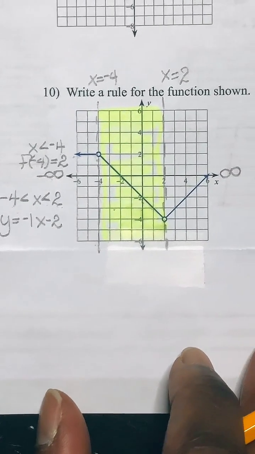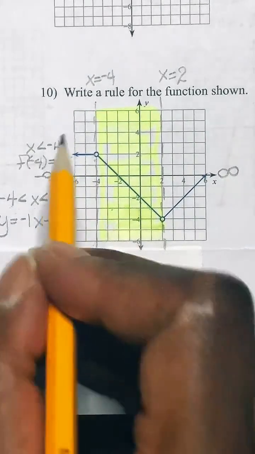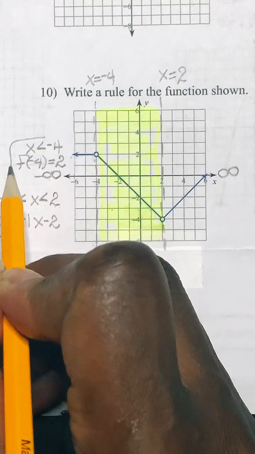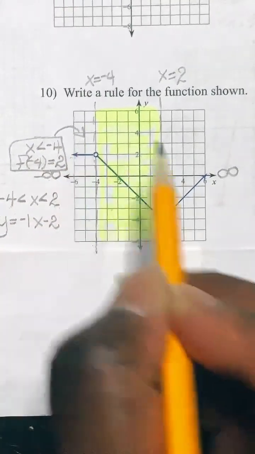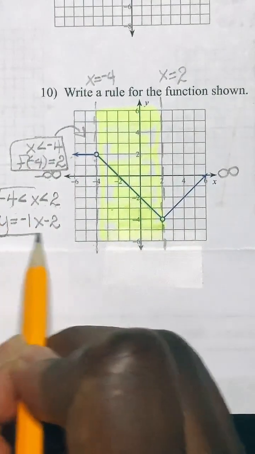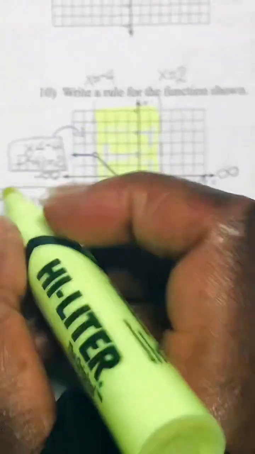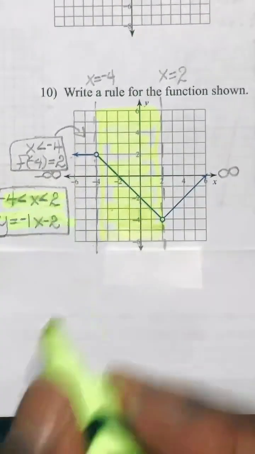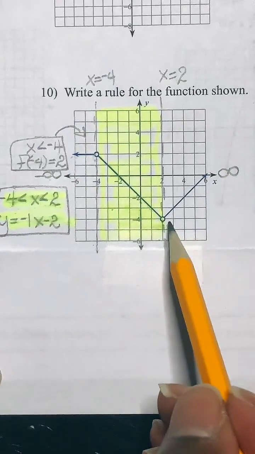All right, so now we took care of the first part, which was this part. We just took care of the second part, which is the highlighted section. So now we're going to look at this part.